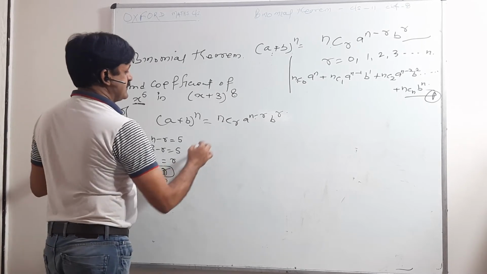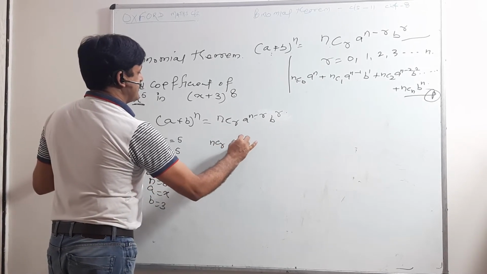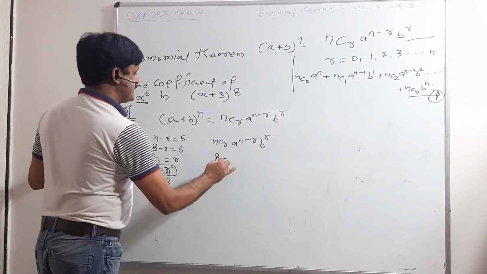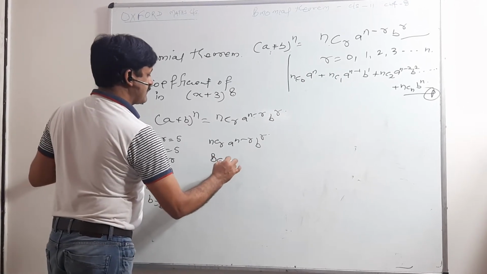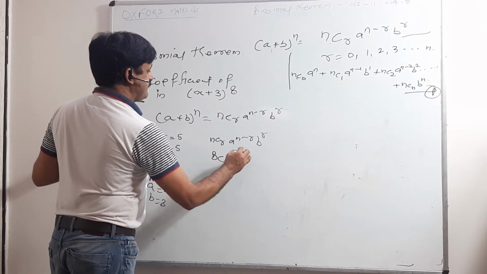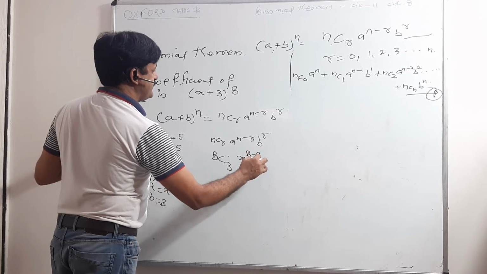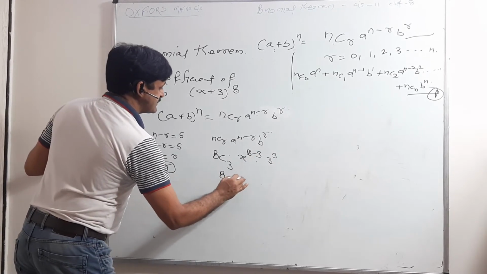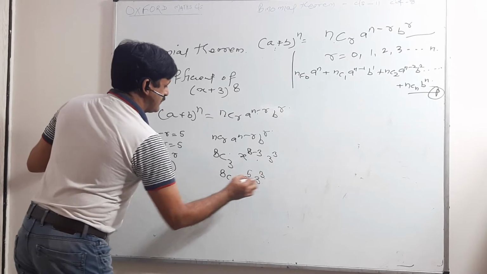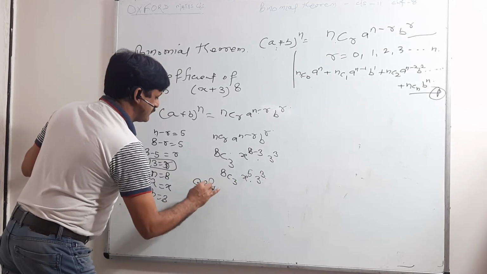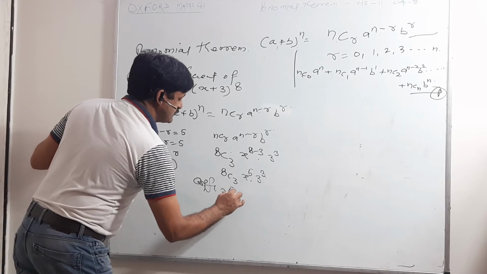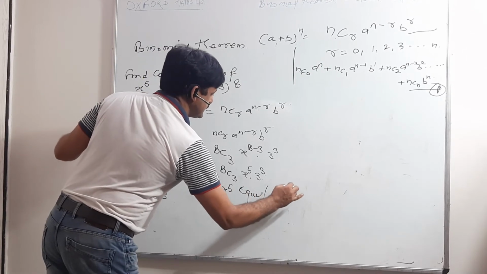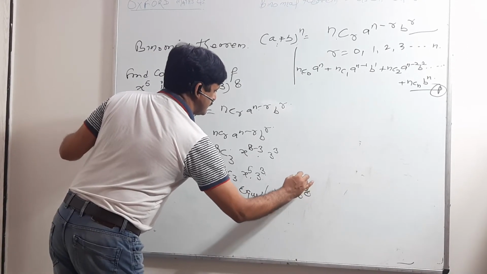Put in the general formula, nCr a power n minus r and b to the power r. So nCr means 8C3, a means x power 8 minus 3 and b means 3 to the power 3. 8C3 x power 5 and 3 power 3, or we say that the coefficient of x power 5 is equal to 8C3 times 3 power 3.